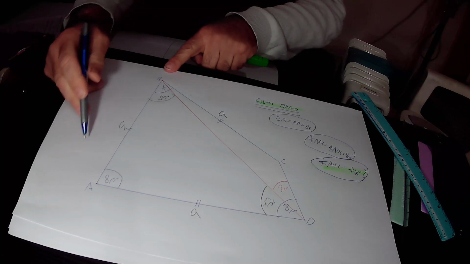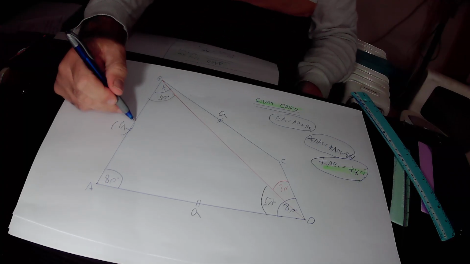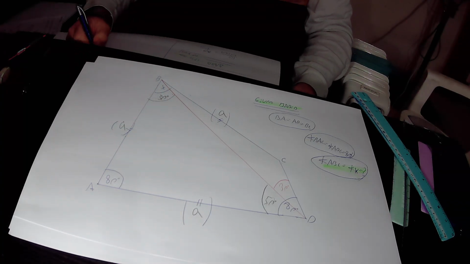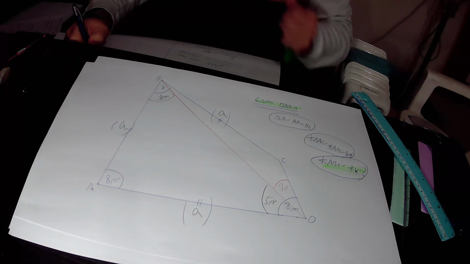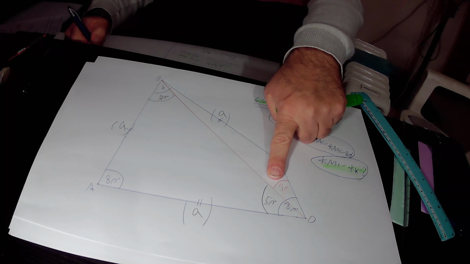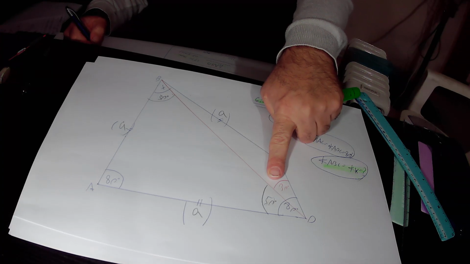And it is equal to AB. AB equals A according to our definition. So we substitute AB by A, over sine 50 degrees. We substitute 50 degrees by 90 degrees minus 40 degrees. So sine 50 degrees is equal to sine of 90 degrees minus 40 degrees.